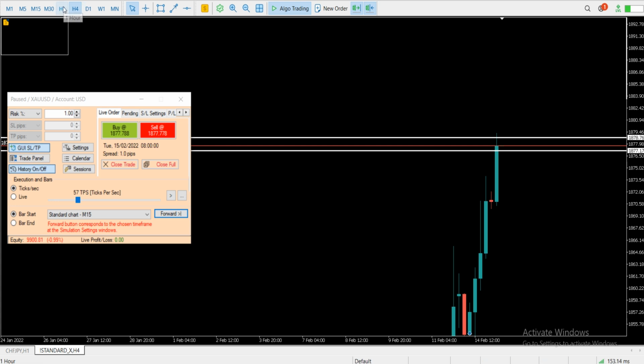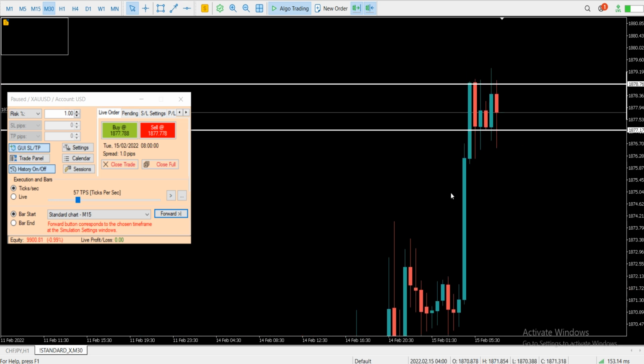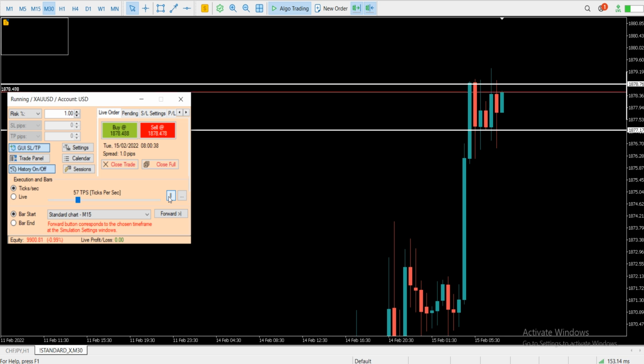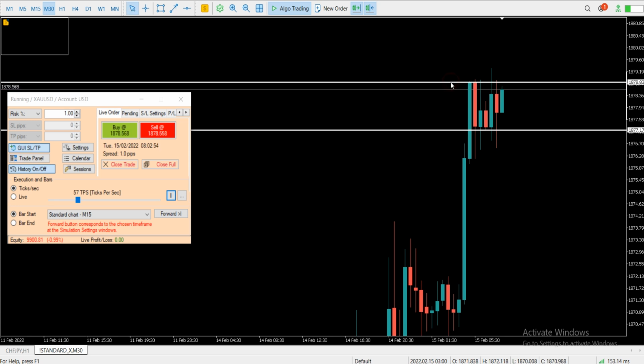I think there's a very high chance, but still we need some confirmation on the smaller time frame, right? Other than that, it's just waiting. Or if we do get a candle closure above this resistance, then maybe we can possibly go up. Who knows, right?